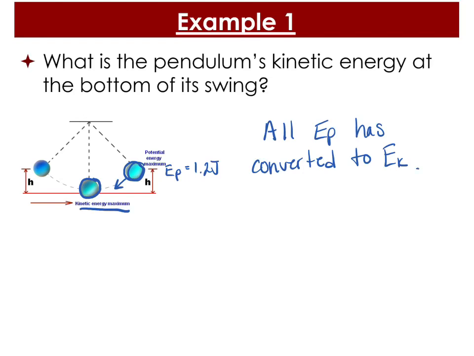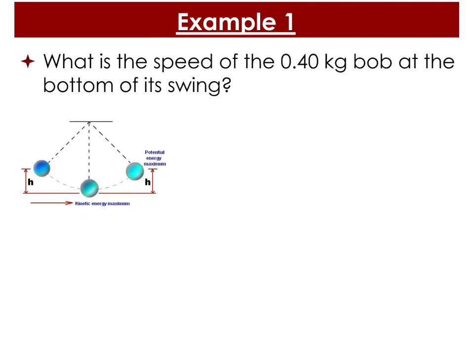That's what we know about their maximums. So kinetic energy is 1.2 joules at the bottom of the swing, because that's its maximum potential energy. If at the top of the swing it's 1.2 joules, then at the bottom it has to be also 1.2 joules. That is really important to know.